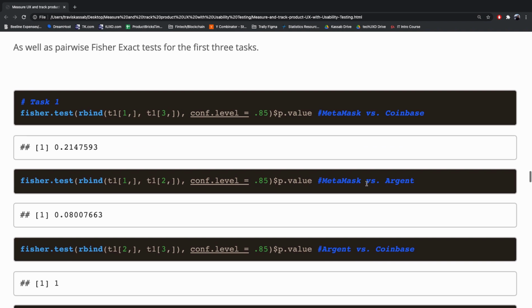So we follow up, and again, we're at the 85% confidence level, so we're looking for p-values of 0.15 and below. I don't think that I've explicitly said this yet, but the relationship between p-value and confidence level is p-value equals 1 minus confidence level. So 0.15 corresponds to the 85% confidence level. So on task 1, there is a difference between MetaMask and Argent.